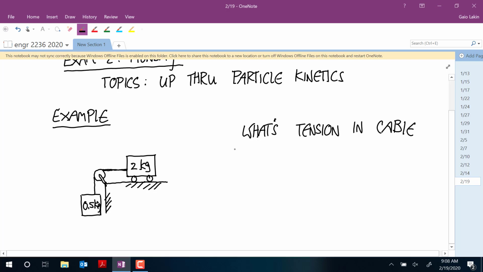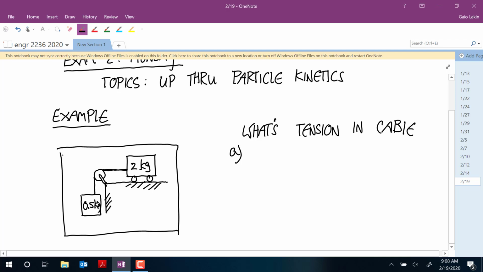And we're going to first do it with the ground, that thing, fixed. Okay, so let's put this in like a little room. So first we'll do it with the ledge stationary.